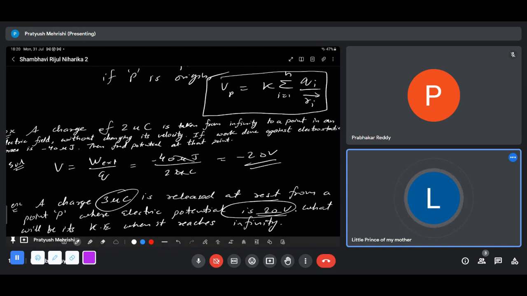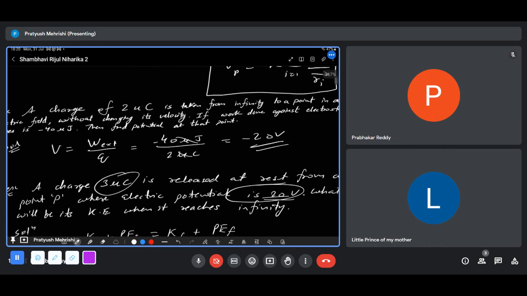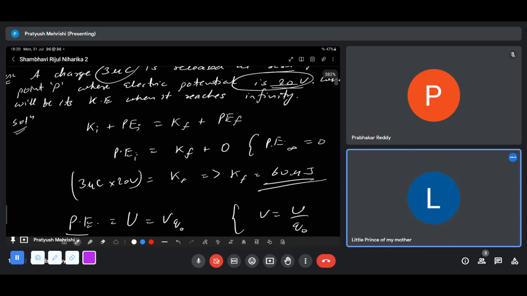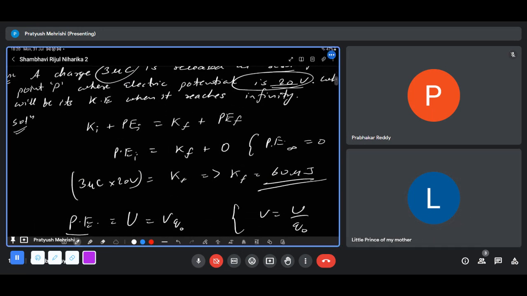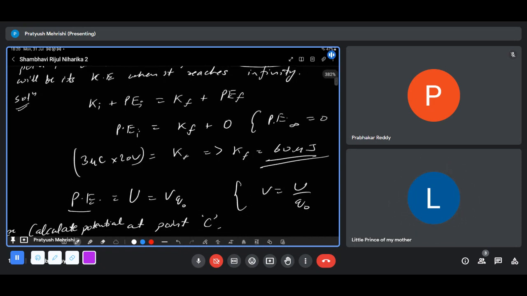It's 60. What is the answer? 60 microjoules is the answer. Yes, this was an easy question. Not that much time was required.